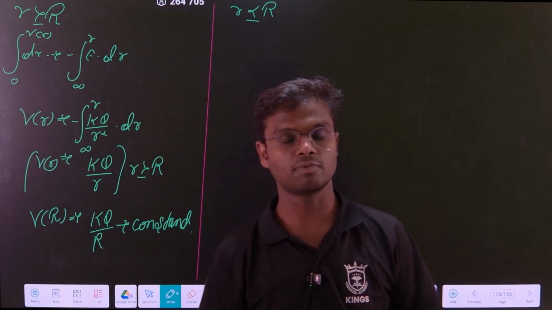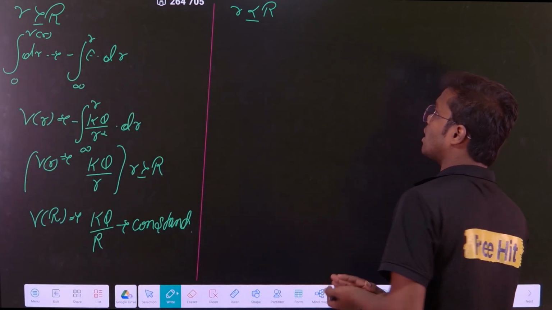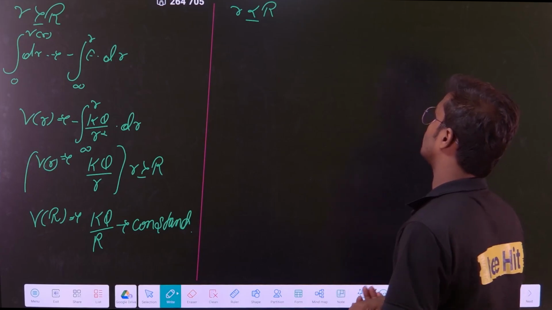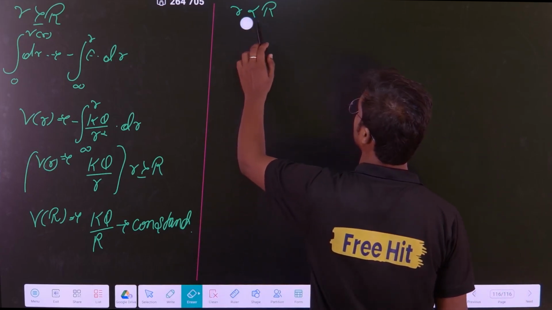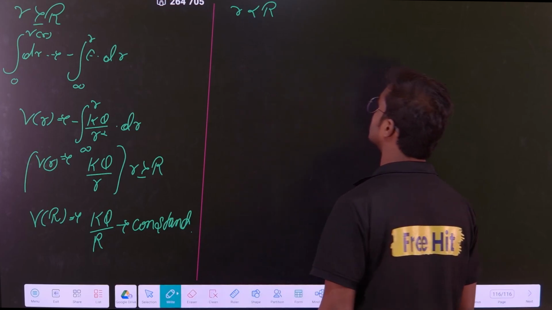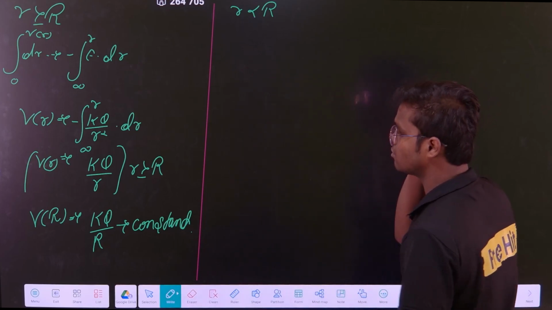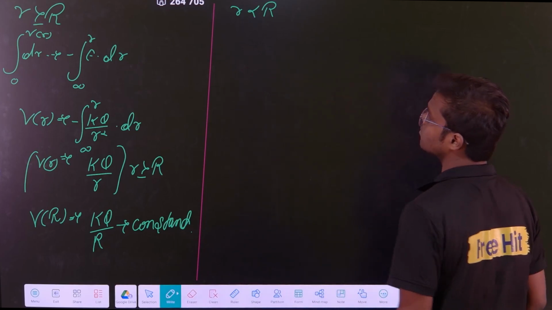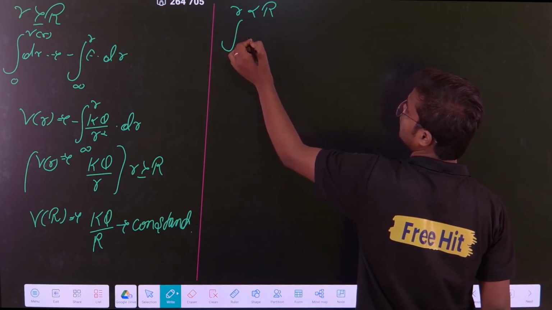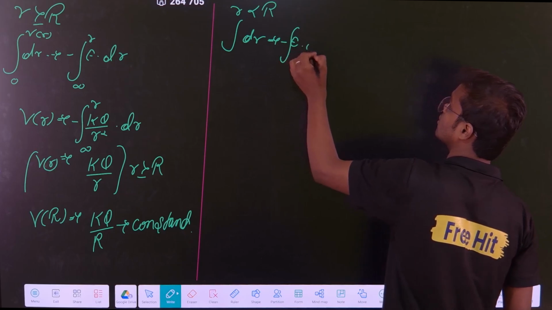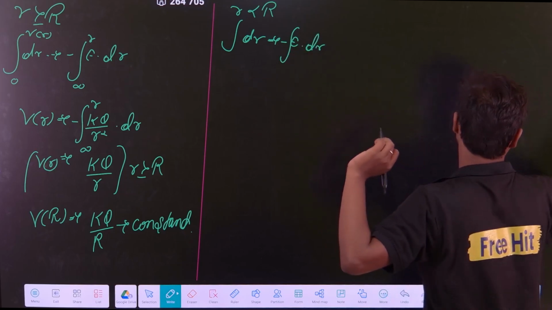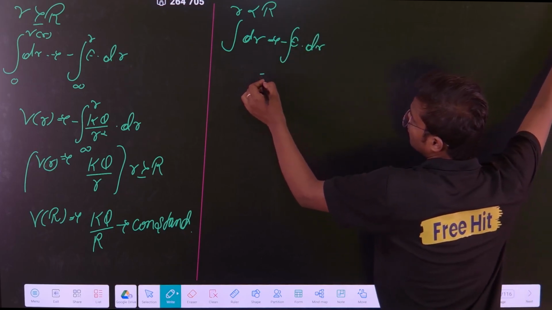This is a very important part. See, we have to take r less than or equal to capital R. So what is basically the formula? The formula is integration of dV is equal to minus E dot dr. First of all, let's keep what we know.